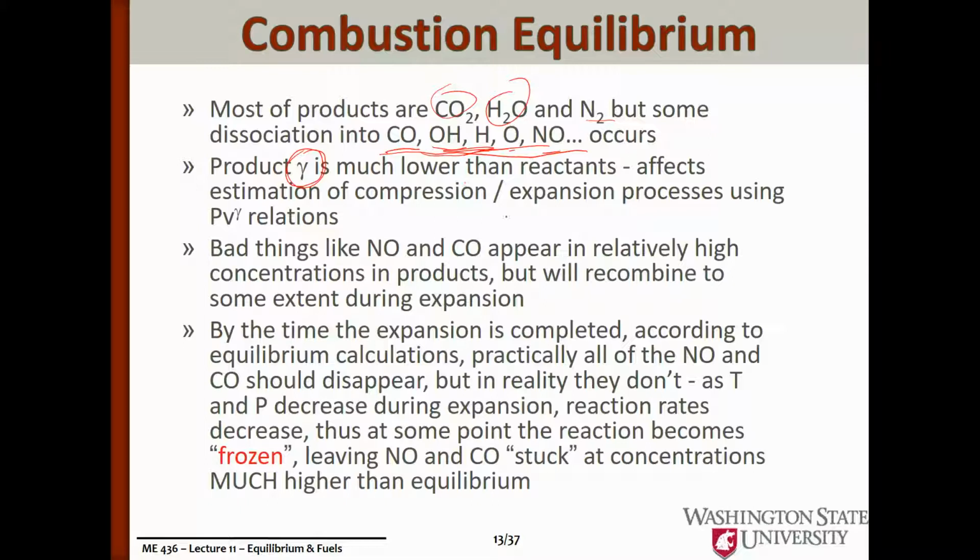And that's going to affect the way we've been calculating the isentropic expansion. We've been assuming a constant specific heat ratio for the compression of the reactants as well as the expansion of the products. But in reality, we're going to have a much lower specific heat ratio during the expansion process.